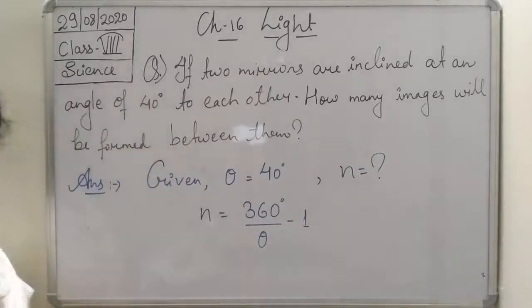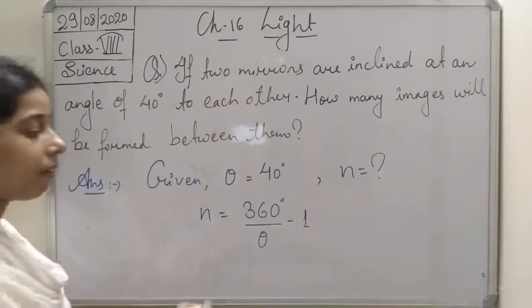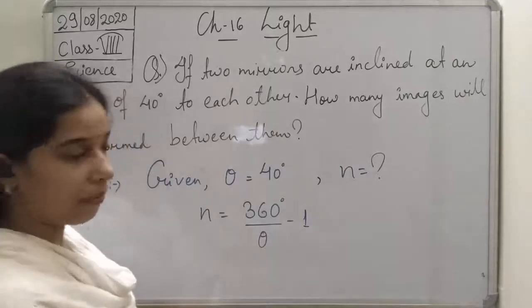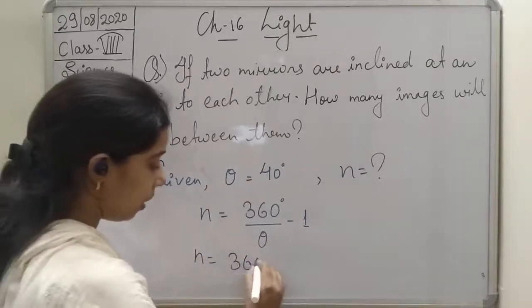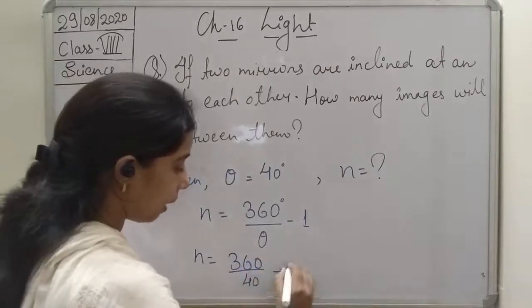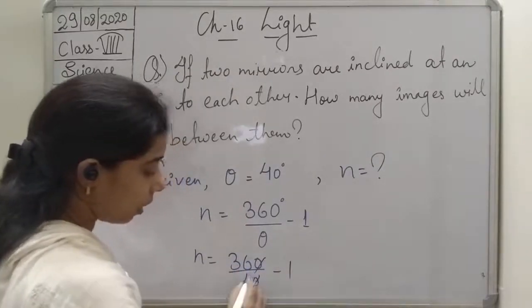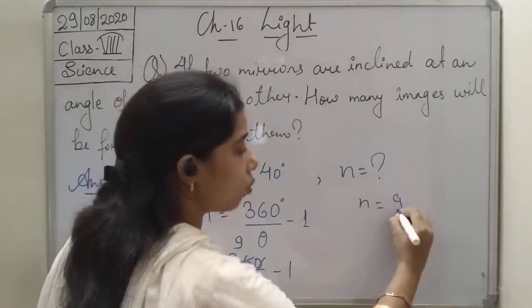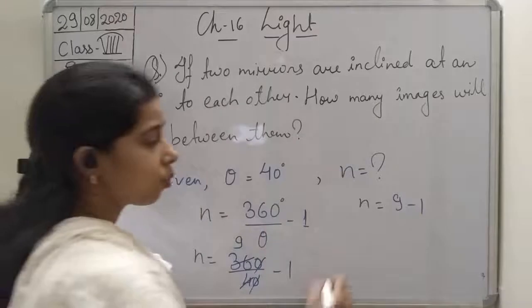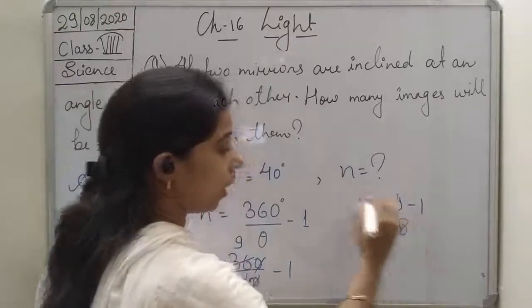Now what we have to do? We have to simply put the value of theta here and find it. Now you see here student, n is equal to 360 upon 40 degree minus 1. So you see here this will cancel out and it will become 9. So n will be equal to 9 minus 1. So n will be equal to 8.